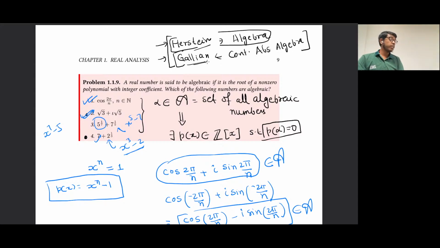And in NBHM, it was given to check which of them is algebraic, and various times this problem has been asked. Checking this as a whole is difficult, finding a polynomial is difficult, but using this property, it's very easy.